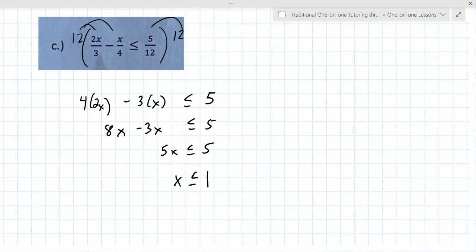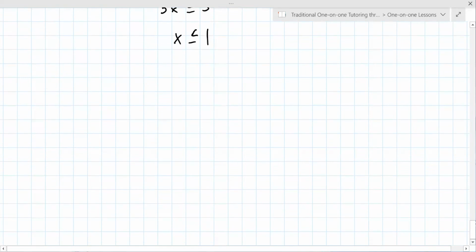You actually don't have that many absolute value inequalities problems for whatever reason. Maybe let's try another one here. Absolute value 5x minus 1 over 4 is greater than or equal to 2.